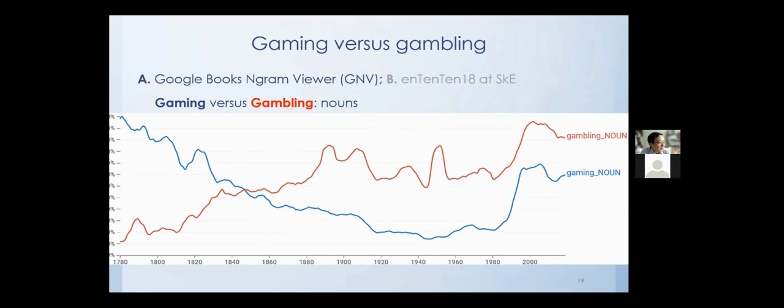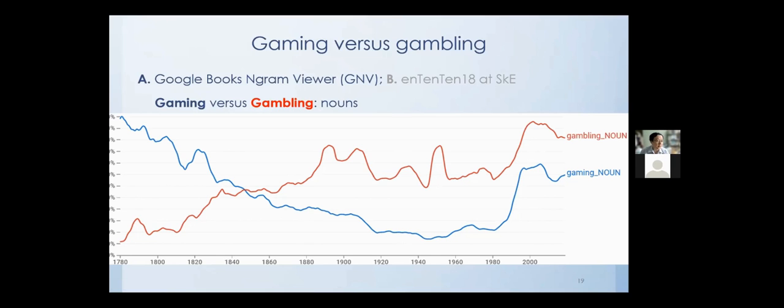So at a certain stage, the two words are in competition. Gambling has been on the rise, and gaming in decline. And recently, both go together, sort of co-developing in recent years.